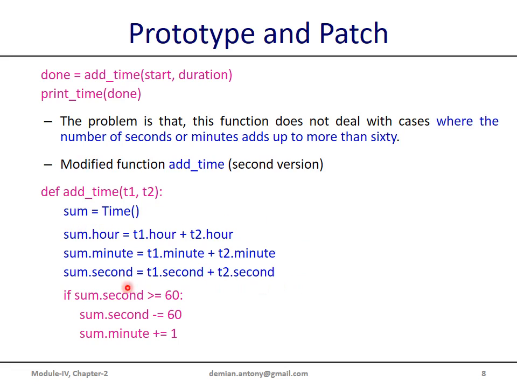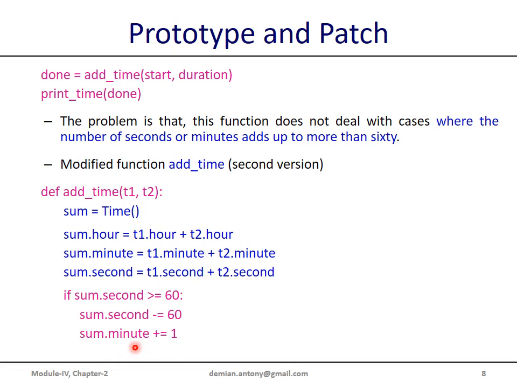Again, these three statements remain the same as the previous prototype, up to here. And what we have to do is, if seconds after summation go above 60 or equal to 60, we have to change the attributes minutes and seconds.